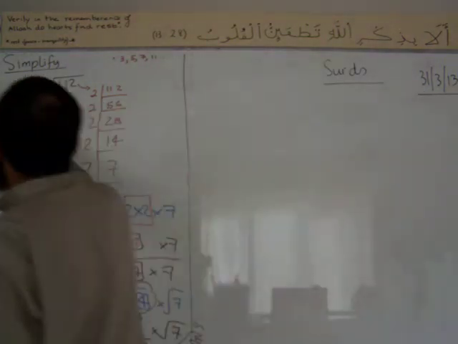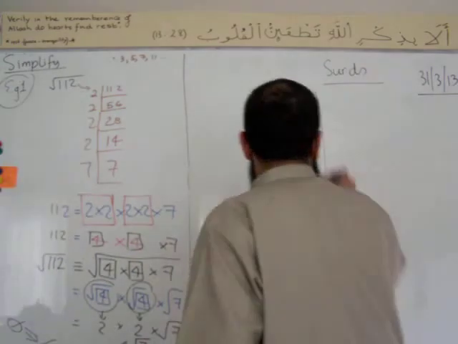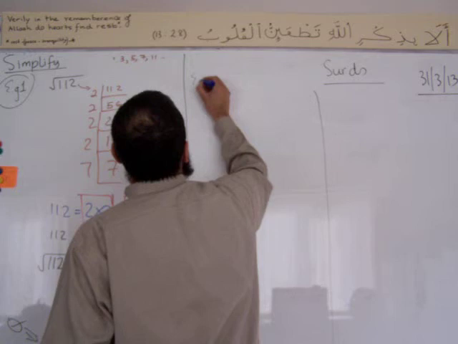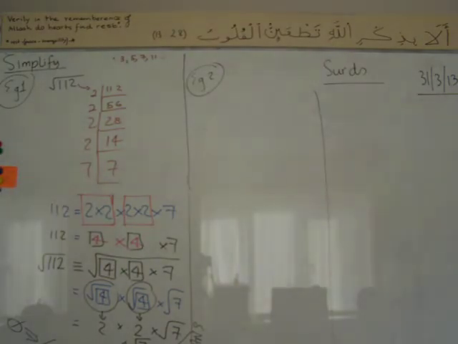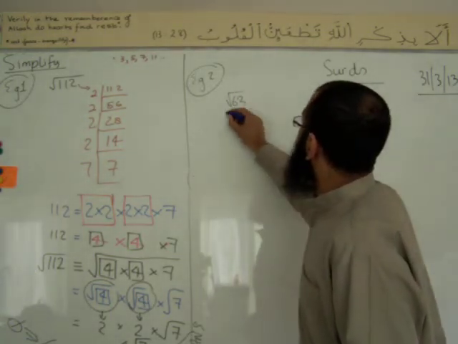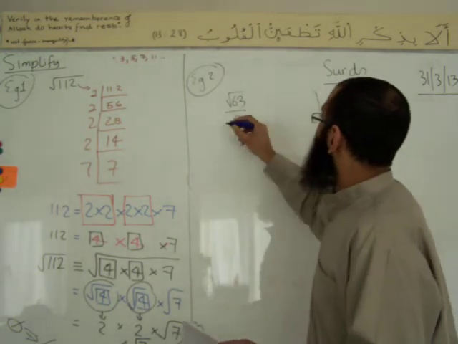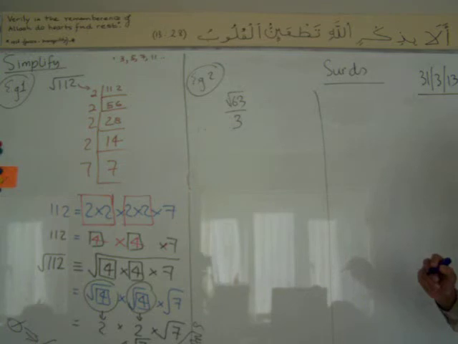That question can be called example number 2. Example number 2. Okay. Example number 2, we have the square root of 63 over 3.